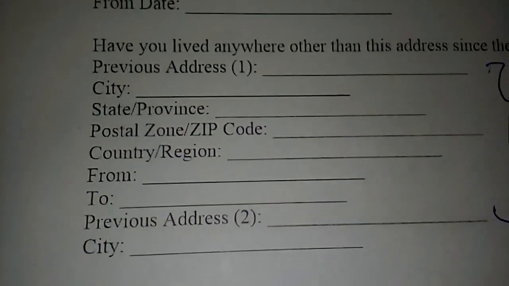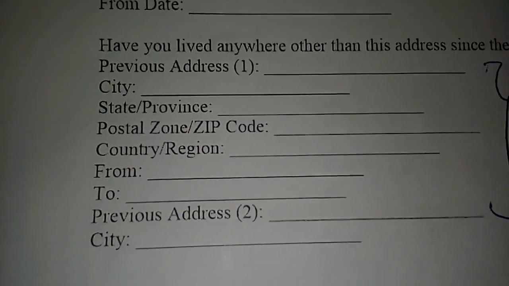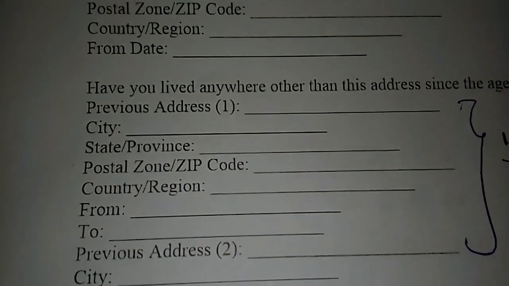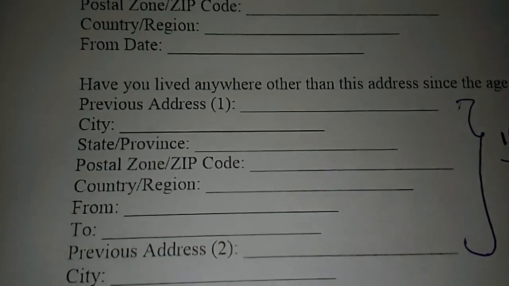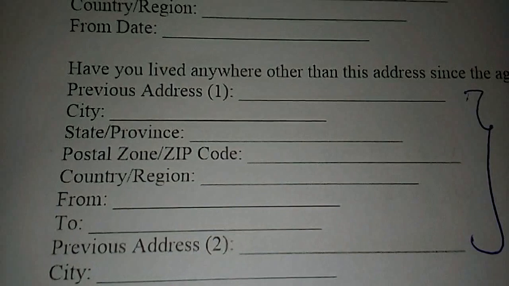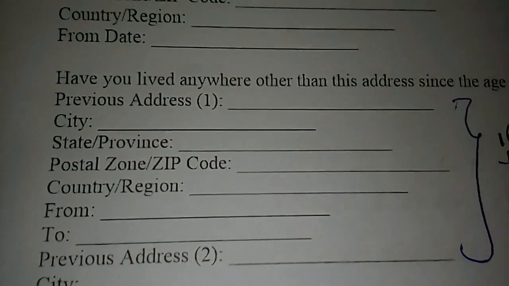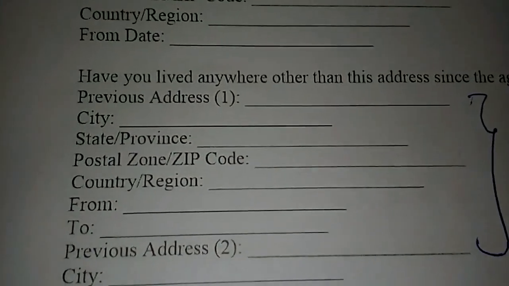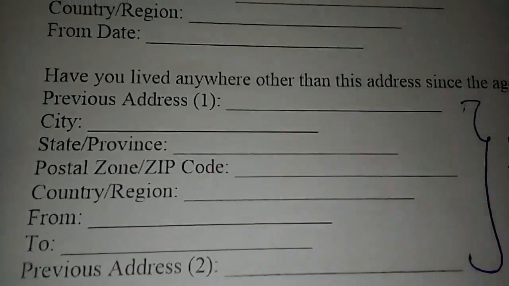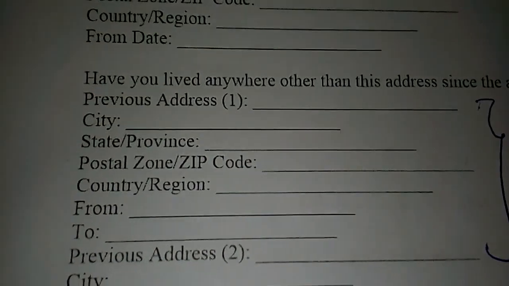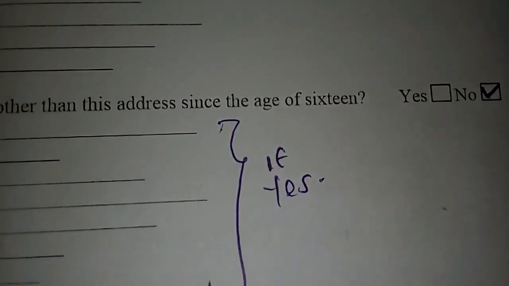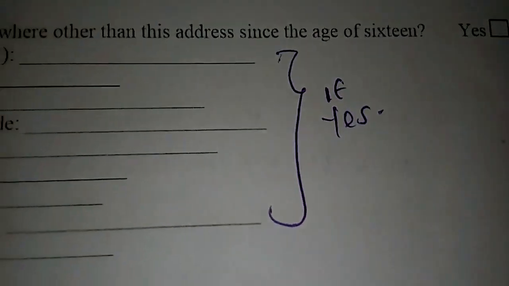But if yes, is when this other phase of questions will pop up on your page. And it gives a maximum of around 5 previous addresses that you're supposed to indicate if at all they are there. And as I've told you, if they are not there, there is a button towards the end of every question.